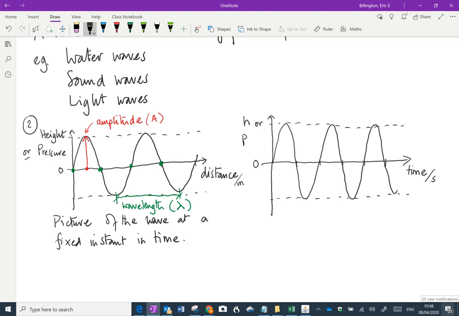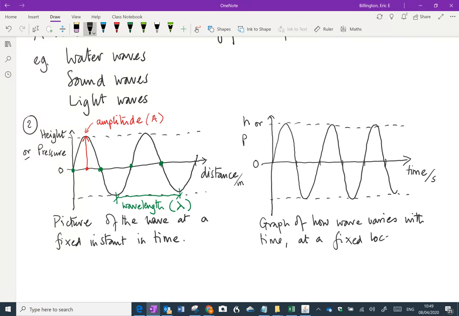This is a graph of how the wave varies with time. And this time it's at a fixed location.